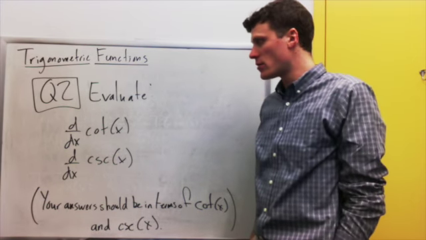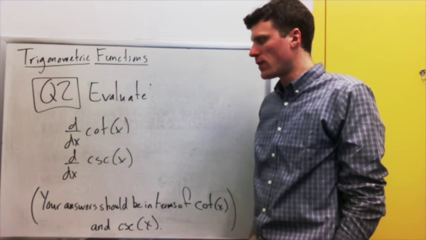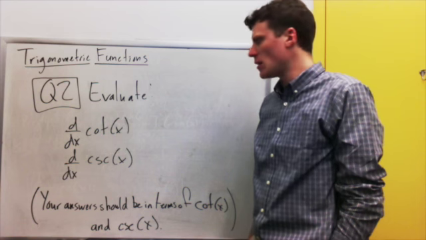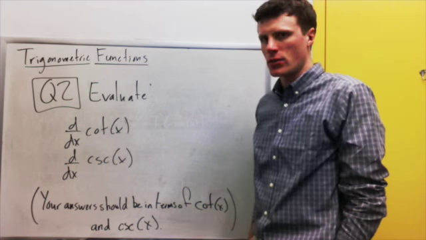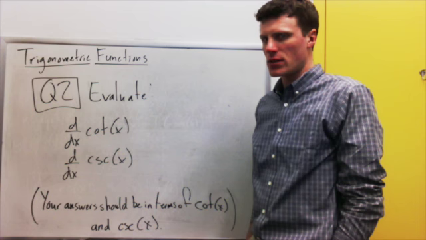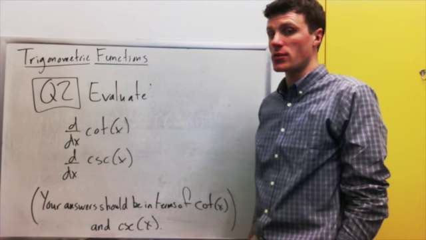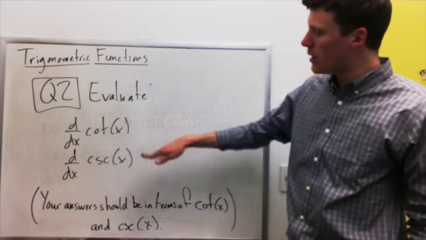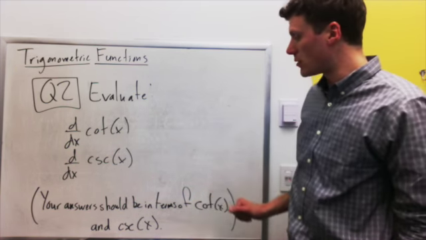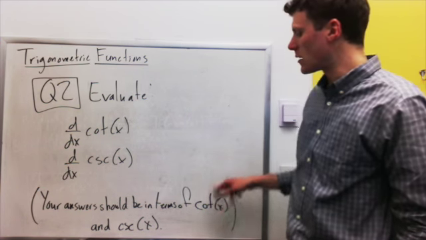Okay, so here is question 2. Evaluate the derivative of cotangent and the derivative of cosecant. You can follow the same process that I did for tangent and secant, and it's very, very similar proofs. And just as I was able to show that the derivative of tangent is secant squared, and the derivative of secant is secant times tangent, you will be able to write the derivative of cotangent in terms of cosecant and cotangent, and the derivative of cosecant in terms of cosecant and cotangent.